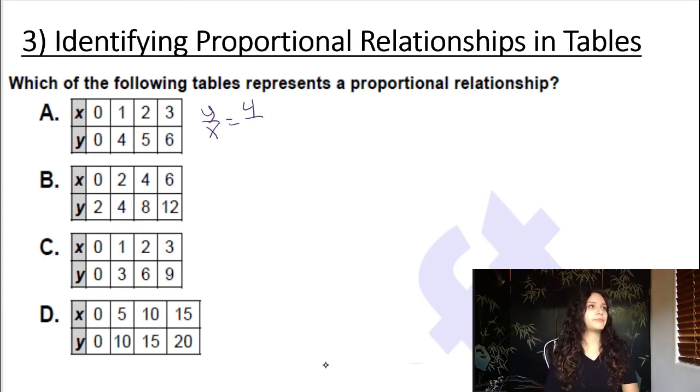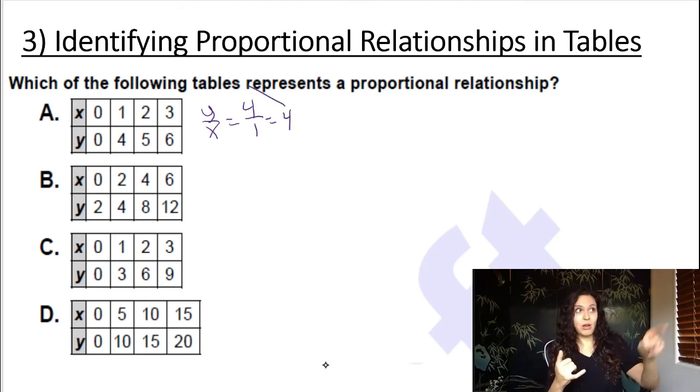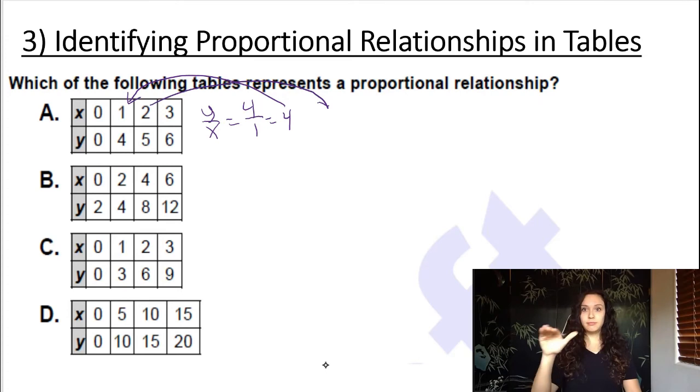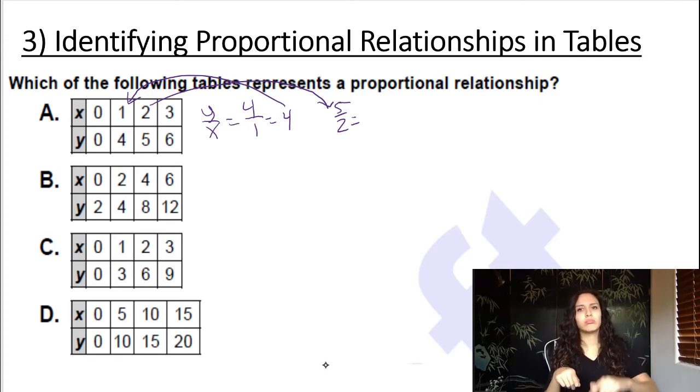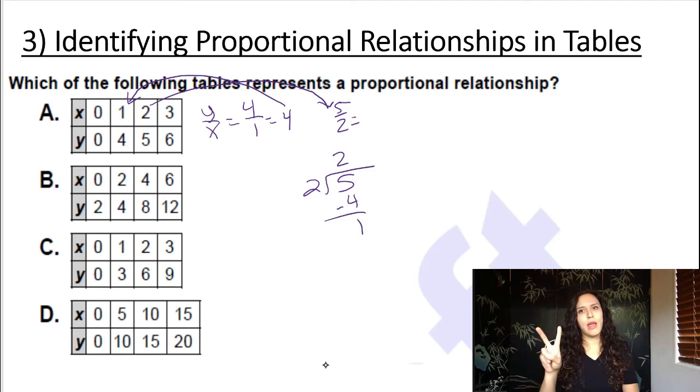It'll be 4 over 1, which is 4. Let's check the next one. Y over x, 5 over 2. That does not equal 4. What does it equal? Let's go ahead and divide that out on the side. That makes 2 1/2. That is definitely not 4, so this is not proportional.